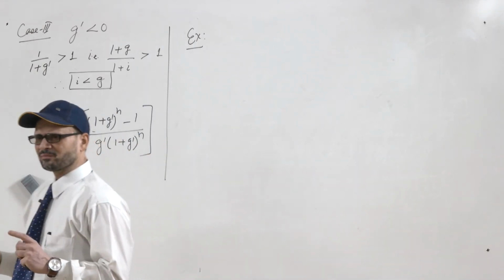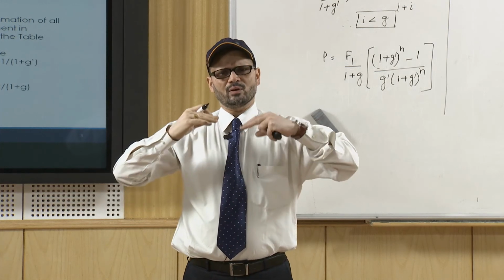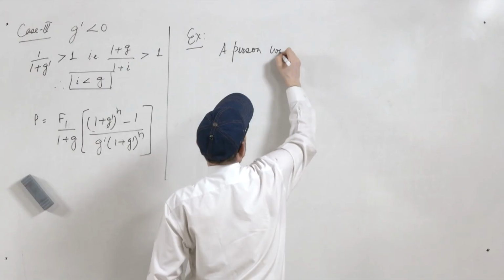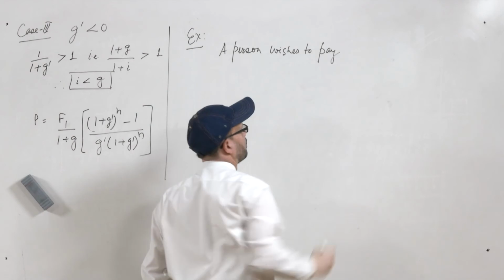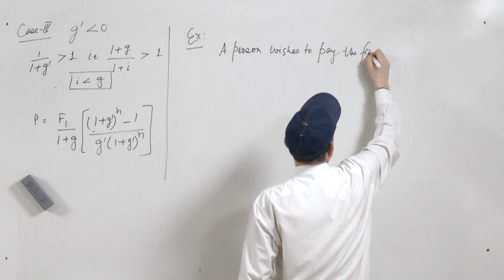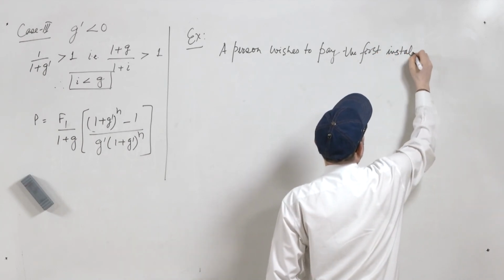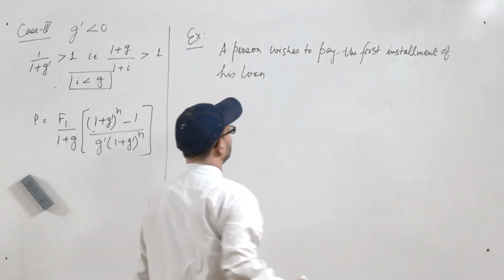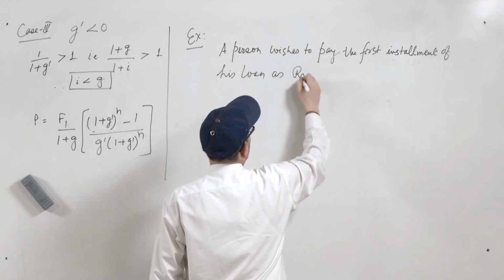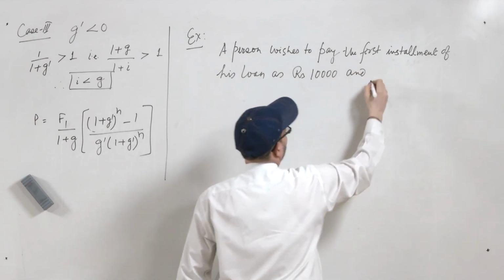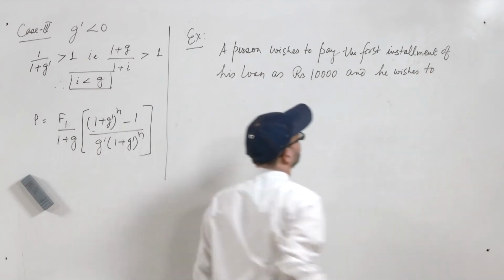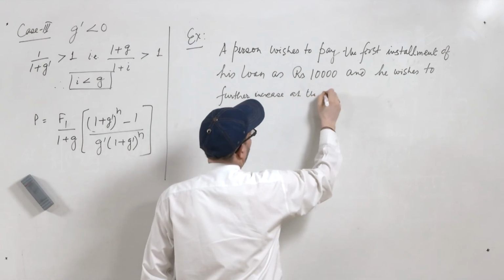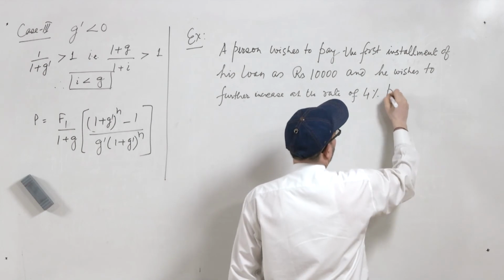Suppose a person wishes to pay the first installment of his loan as rupees 10,000, and he wishes to further increase it at the rate of 4% per year.